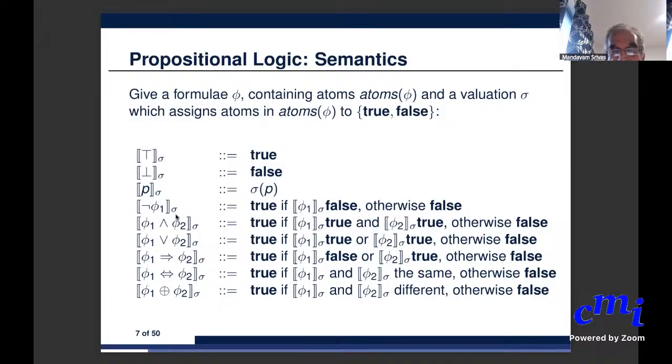Given value assignments to the variables, not phi 1 is true if phi 1 under the assignment sigma is false. Otherwise, it is false, and so on. This formula, phi 1 and phi 2, is true if both phi 1 and phi 2 are true under valuation sigma, and so on, and for or, if either of them is true.